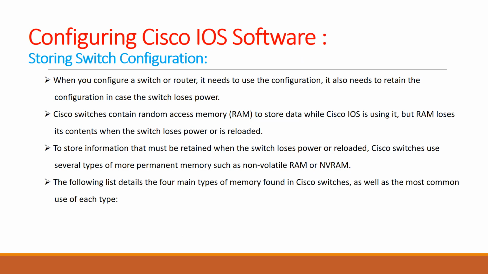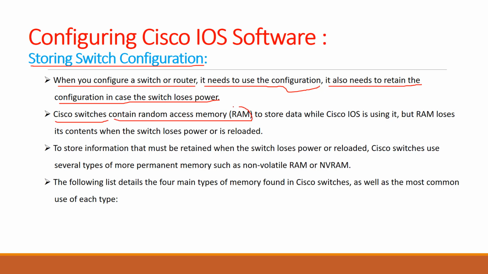So let's start to discuss the memory of the switch or the router. How does the switch store the configuration? When you configure a switch or a router, it needs to use the configuration. It also needs to retain the configuration in case the switch loses power. Cisco switches contain random access memory, or RAM, to store data while Cisco IOS is using it.